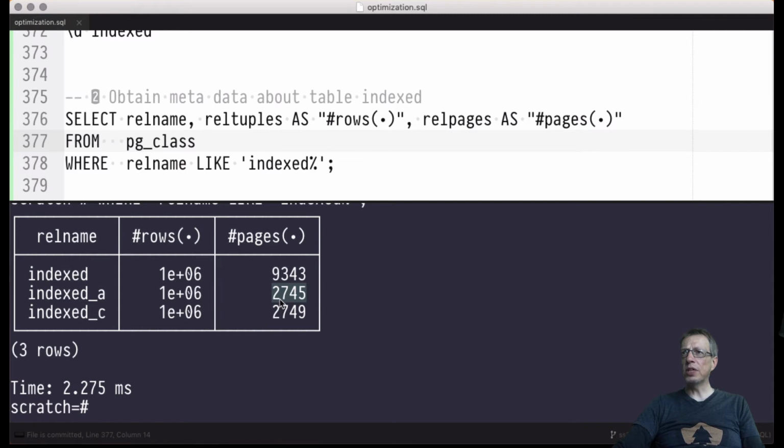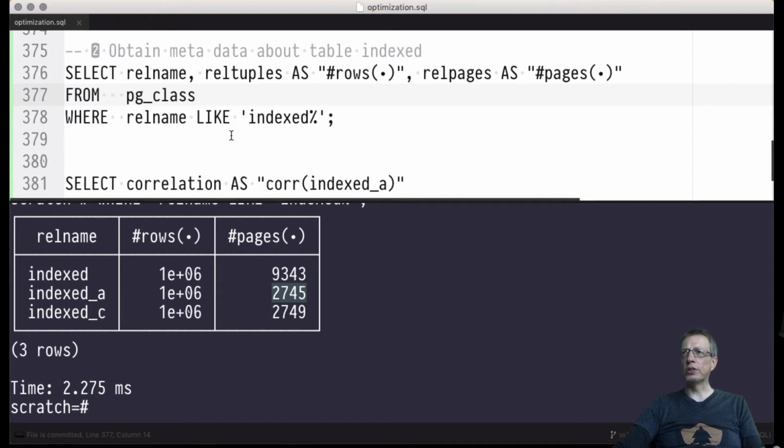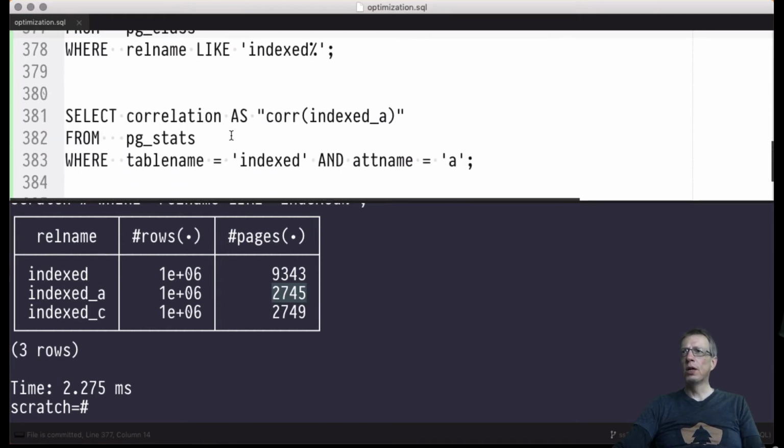Because we will be talking about index A in particular, we have to take into account the number of pages in the A index, which is 2745. That would be the first bit of metadata. Then we access the correlation factor for the A index, and we don't expect 1 here. We expect a significantly lower value.